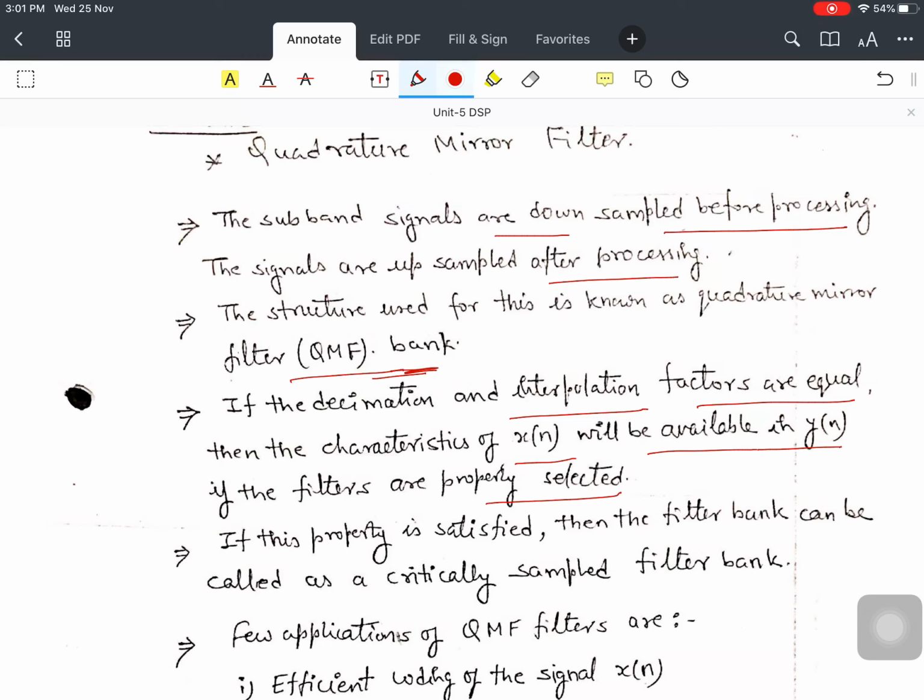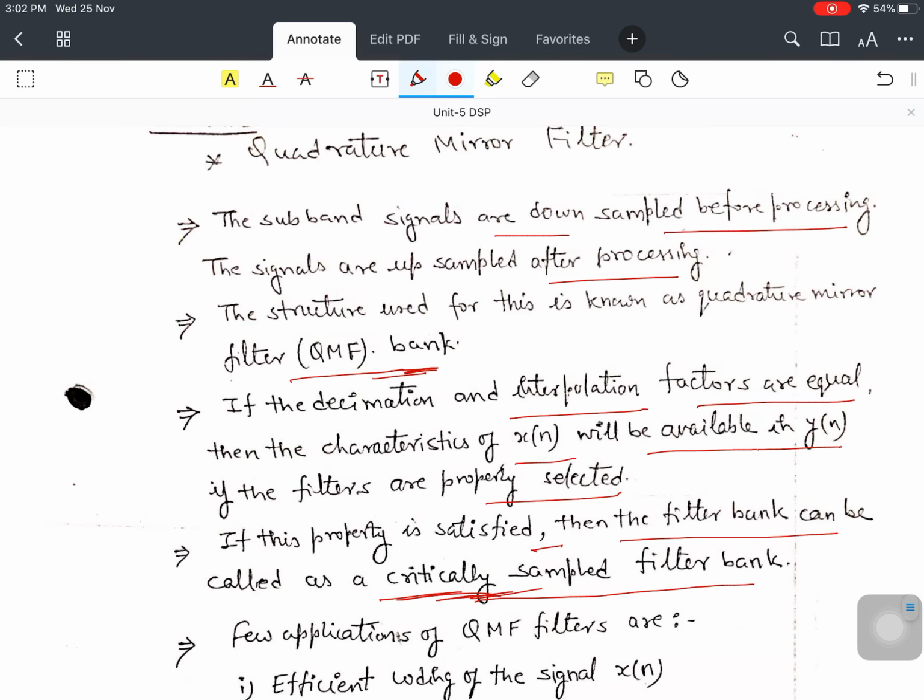If this property is satisfied, then the filter bank can be called a critically sampled filter bank. So, if the factors of the interpolation and decimation are the same, in this situation it is called a critically sampled filter bank.